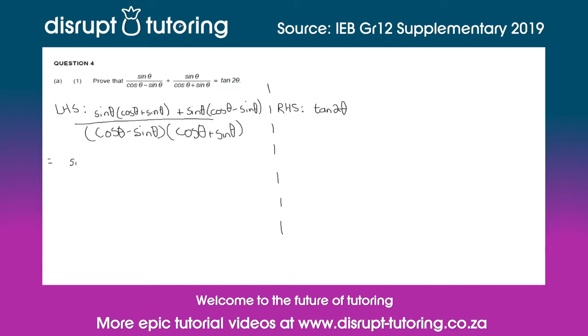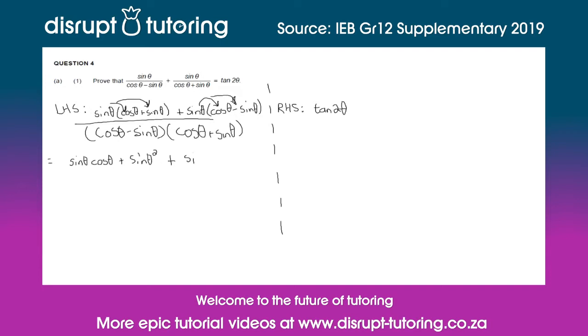So it's sine theta cos theta plus sine theta squared, because we're multiplying the sine into those two terms, plus, again, we're going to now multiply it into these two terms.